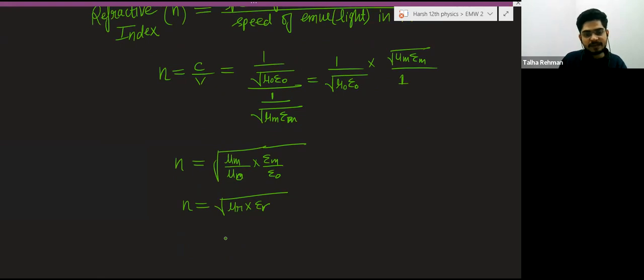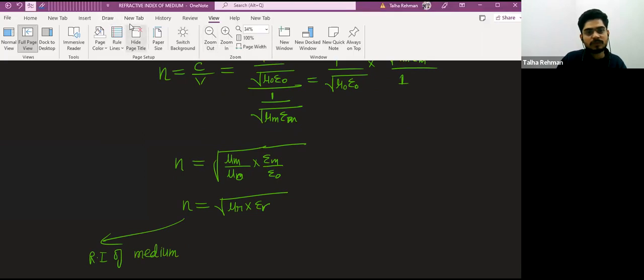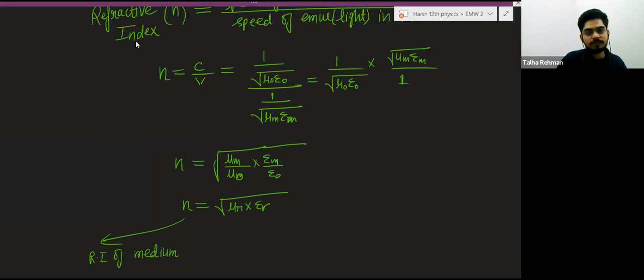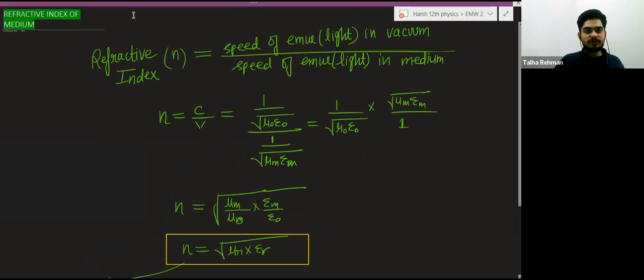So n is the refractive index of the medium. Okay, please write it down.